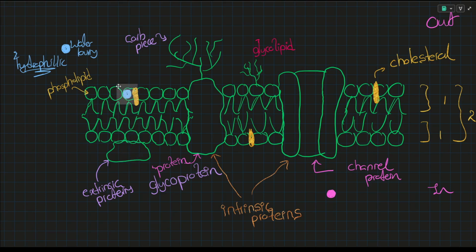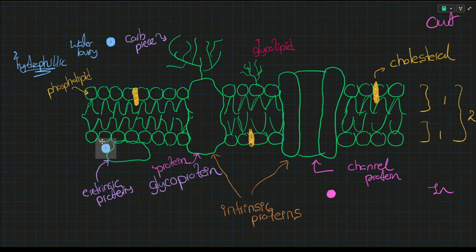That's not possible. That is why water soluble things need special channel proteins. That is actually a very counterintuitive thing when it comes to the study of cellular membranes. You might think that water soluble things have no problem at all. They can just cross through. Wrong.